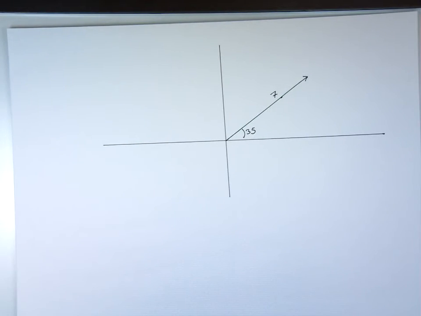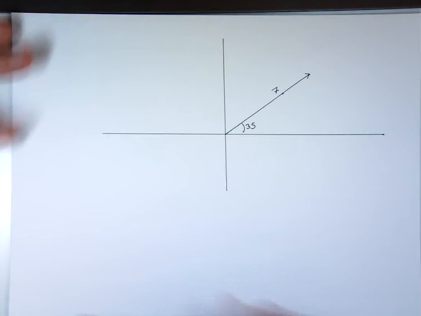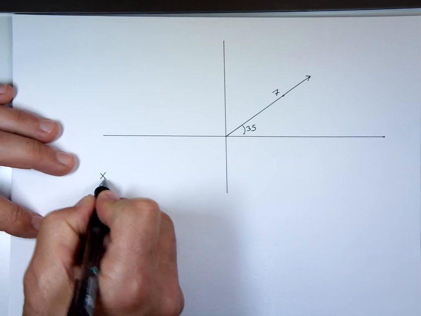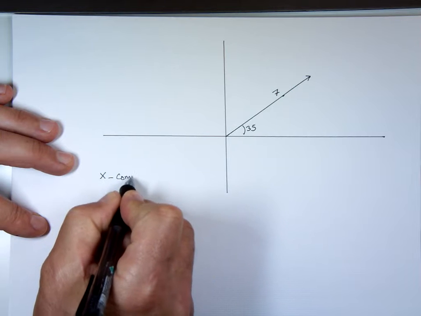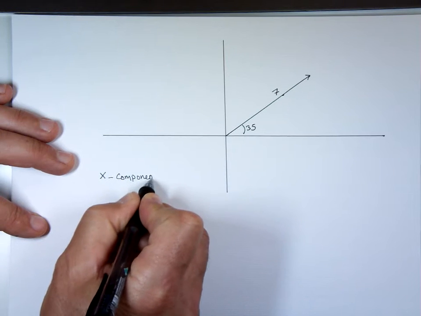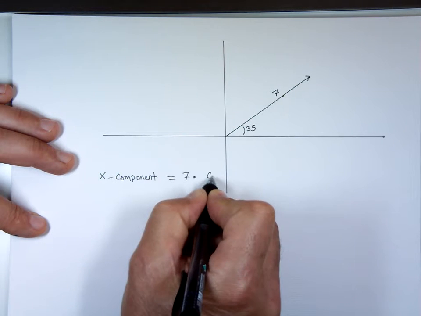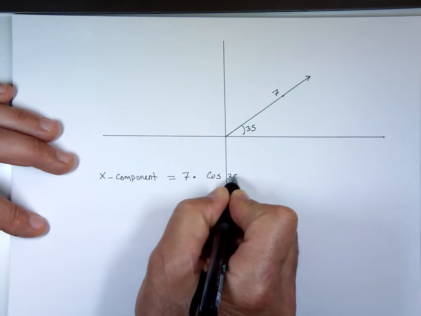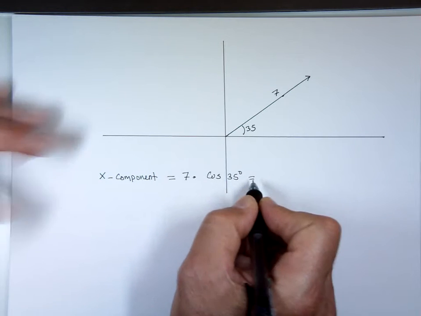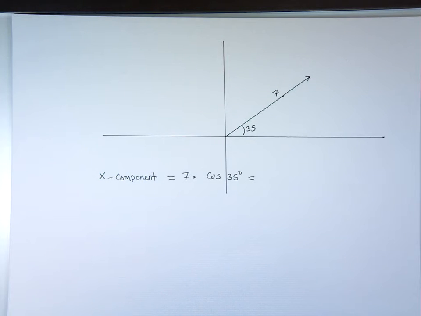According to my notes, we just finished saying that if I want to find the x component, it should be what? 7 times cosine 35 degrees. So take your calculator, make sure you're in degree mode. And thank goodness I looked on mine because it was in radian. 7 times cosine of 35.